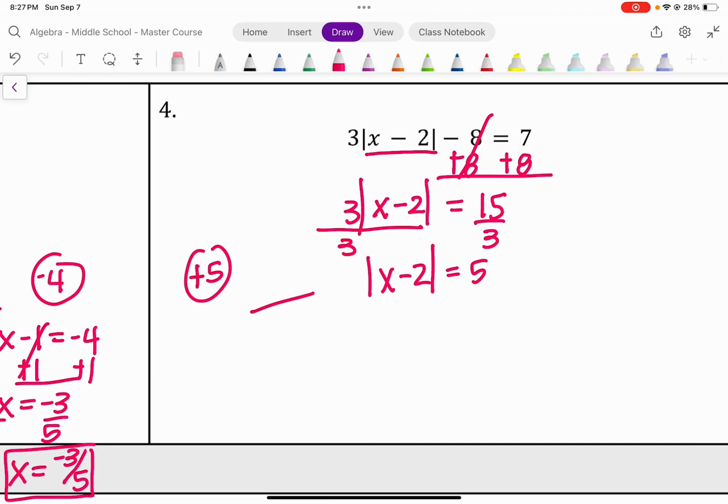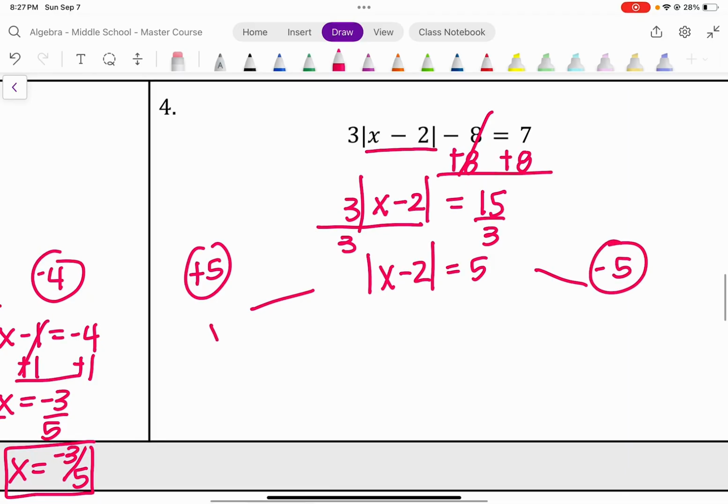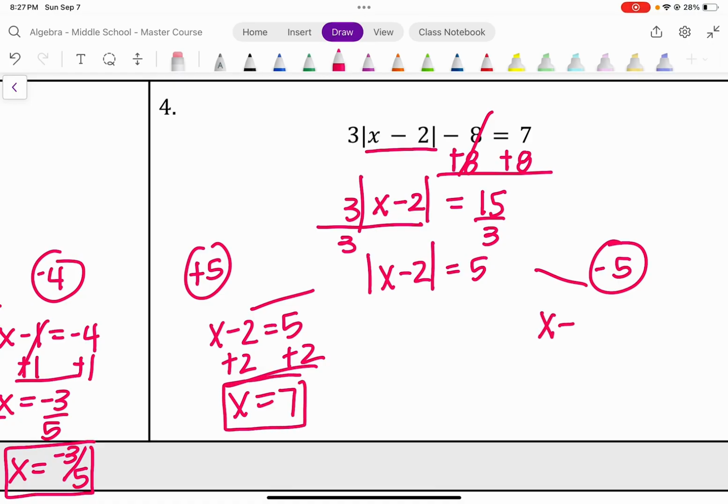So we've got positive 5 on this side, negative 5 on this side. X minus 2 equals 5. So x is 7. And x minus 2 equals negative 5. X equals negative 3.